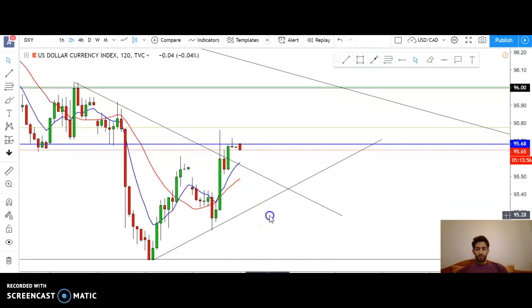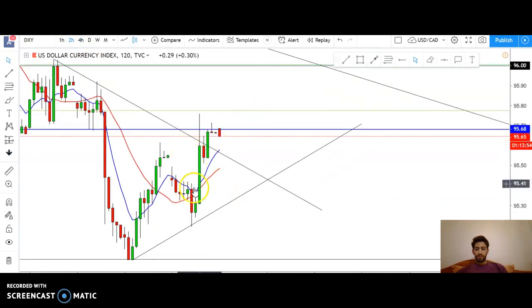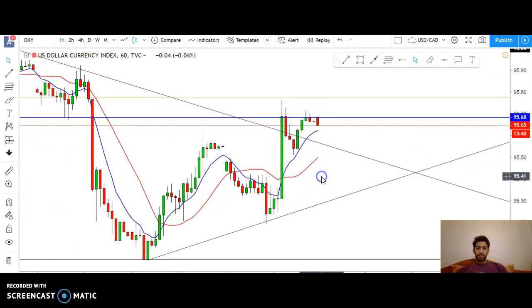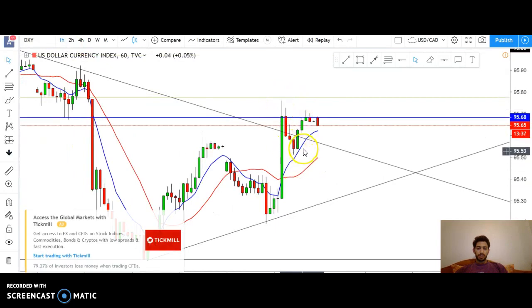If on the 2 hour we look at it, MAs are up. Like I said, higher high, higher low, higher high, higher low, higher high. But I will not be trading it until I see lower lows, because I want to go with the main trend. And then on the 1 hour, again, it's made a higher high, higher low.